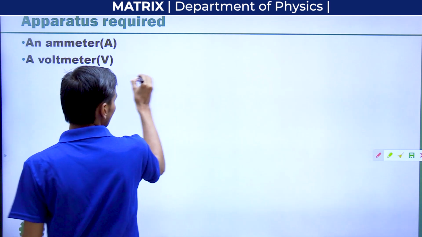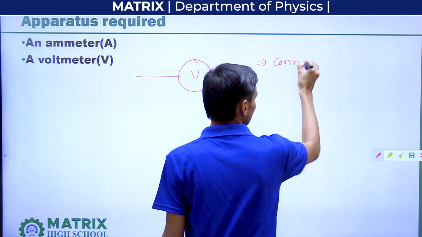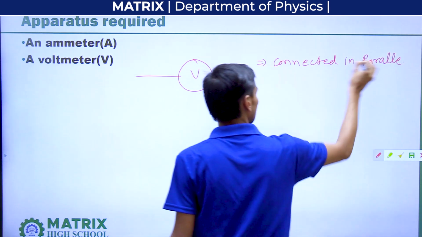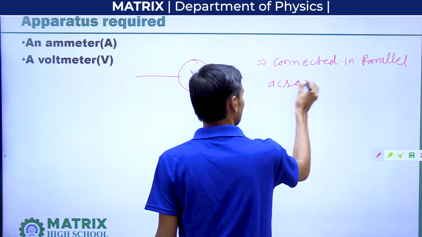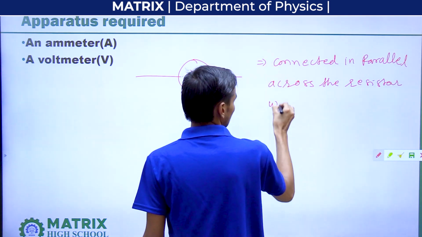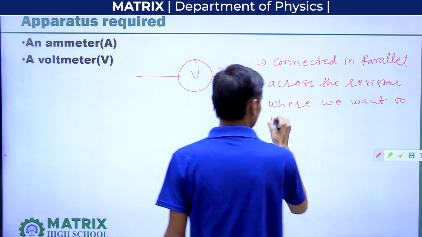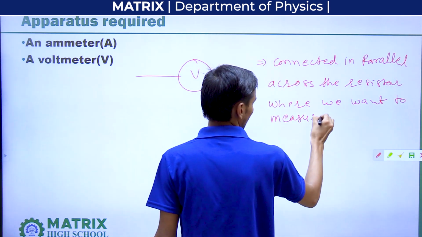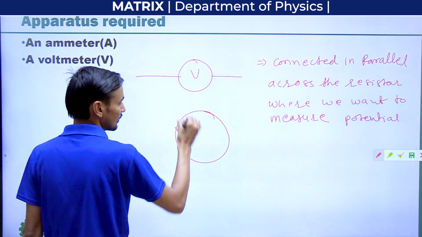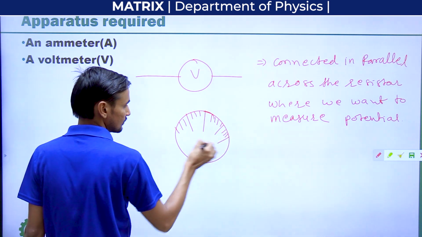The voltmeter is a device denoted by V, and it is connected in parallel across the resistor where we want to measure the potential. It has a reading and a needle.